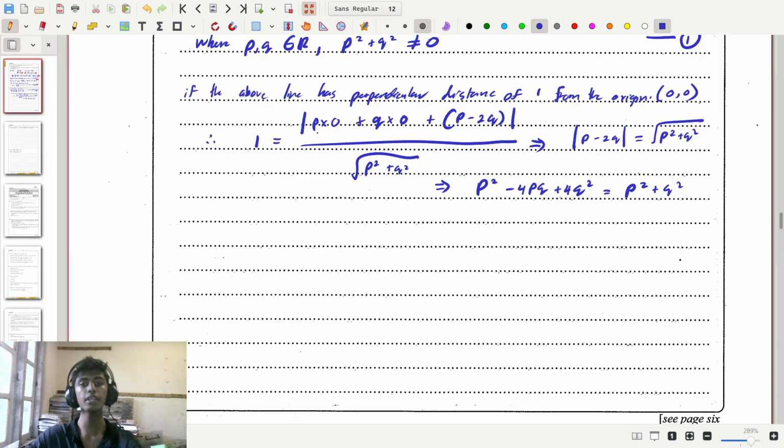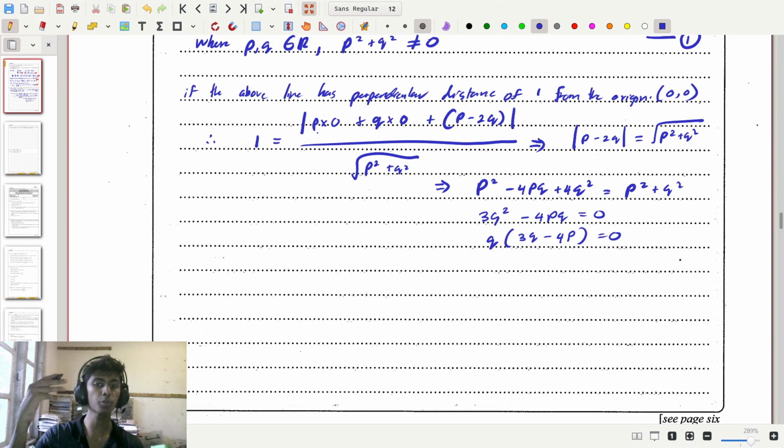Now here, if we cancel out the p squared from both sides and take the q squared to the other side by subtracting 1q squared, we get 3q squared minus 4pq equal to 0. If we factor out a q, we get q times (3q minus 4p) equals 0. Now there are two cases that we could have here.